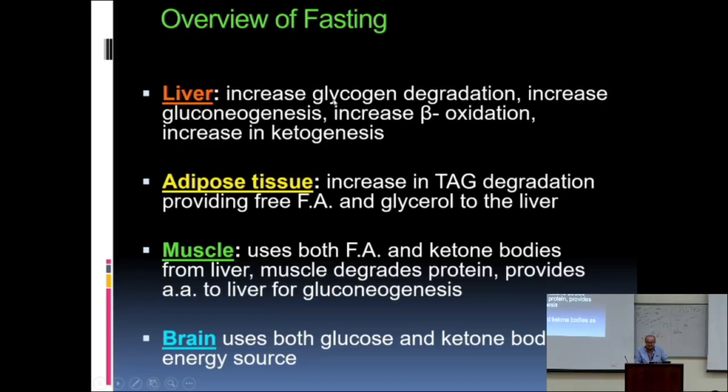So glycogenolysis will be increased with the purpose of delivering glucose to the bloodstream so the organs that need it can use it. The other organ that can do that to a smaller extent is the kidney, that can do gluconeogenesis.